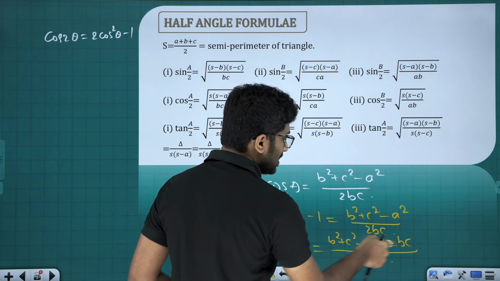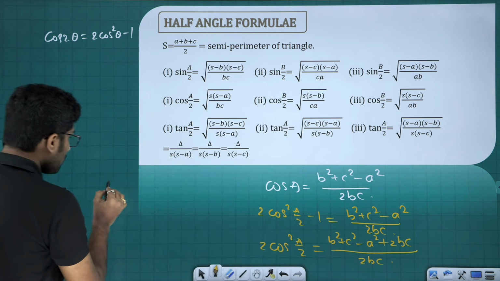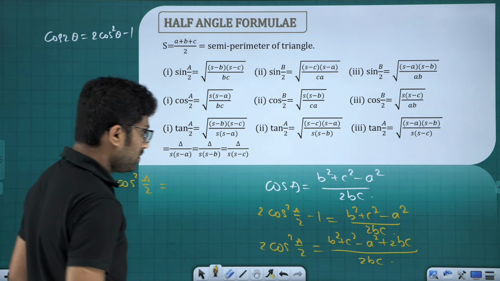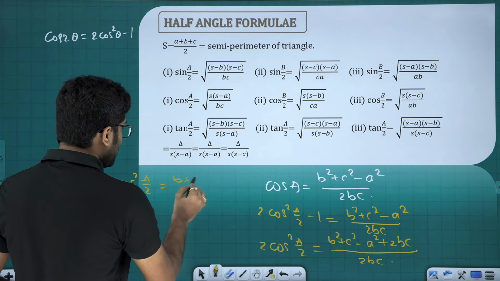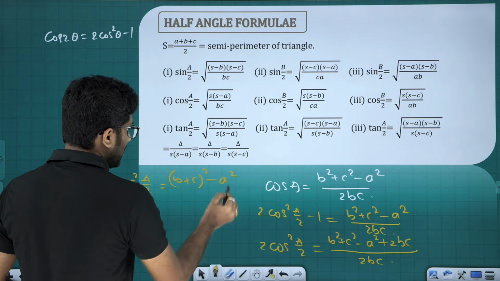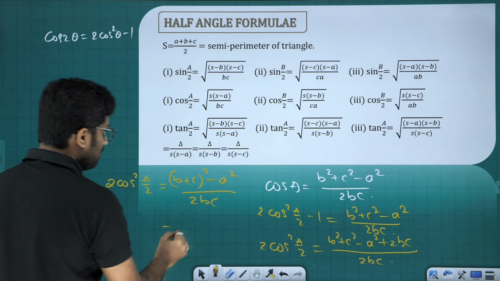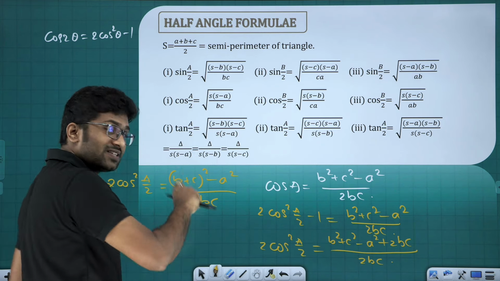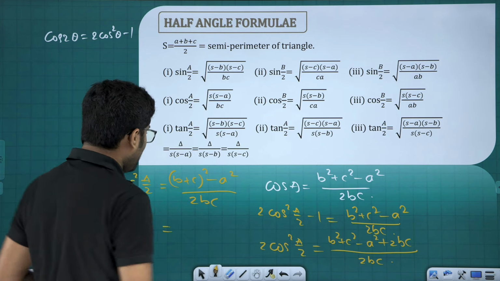Now b square plus c square plus 2bc is b plus c whole square. So 2 cos square A by 2 is equal to b plus c whole square minus a square divided by 2bc. Now this is clearly of the form x square minus y square, which is x plus y into x minus y.